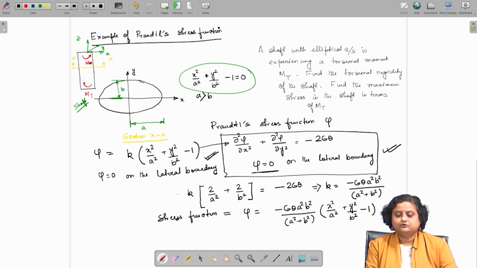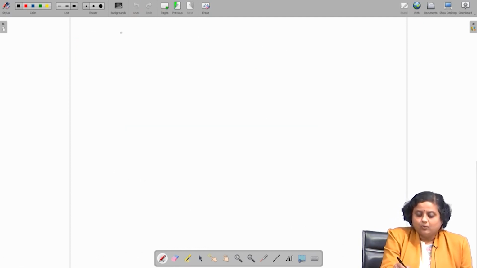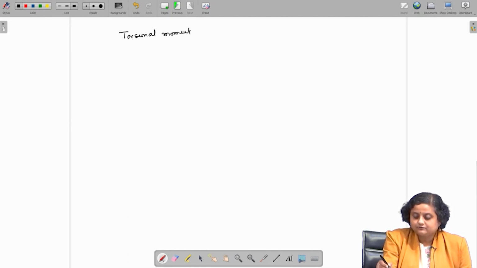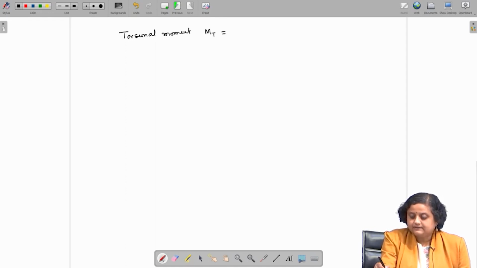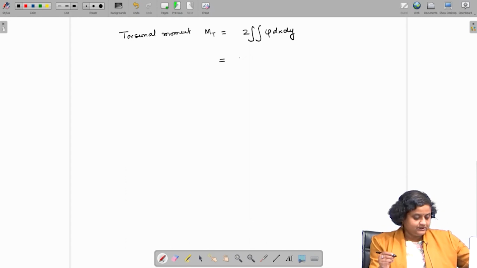Now, let us find the expression for the torsional moment in terms of the stress function and also the shear stresses in terms of the stress function. From our previous calculation, the torsional moment can be written in terms of the stress function as 2 times the double integral of phi.